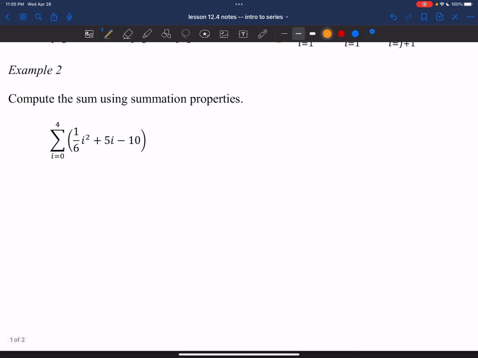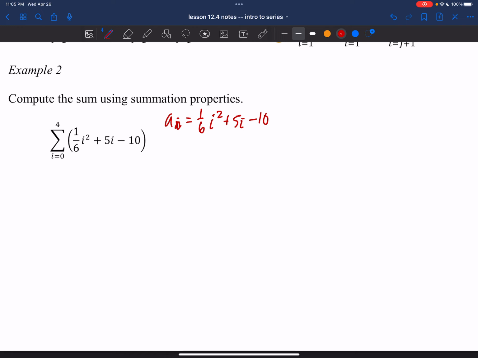So let's do example 2, all right? And the thing about example 2 is you have the sequence, right? a sub n equals, or maybe a sub i, is 1/6 i squared plus 5i minus 10. That is the sequence.